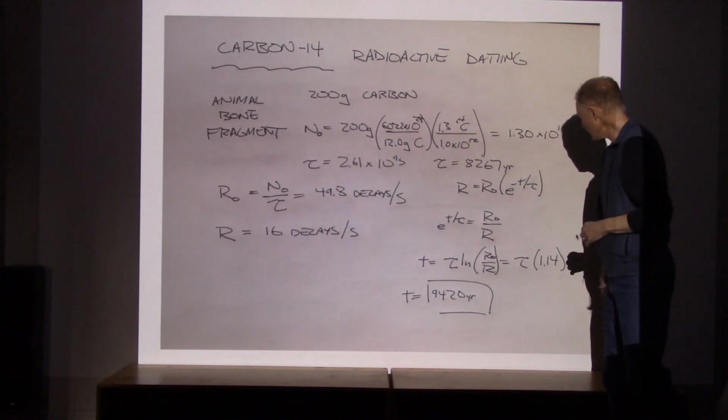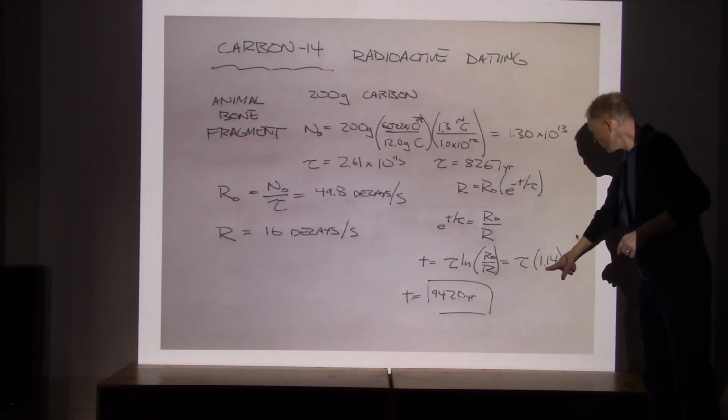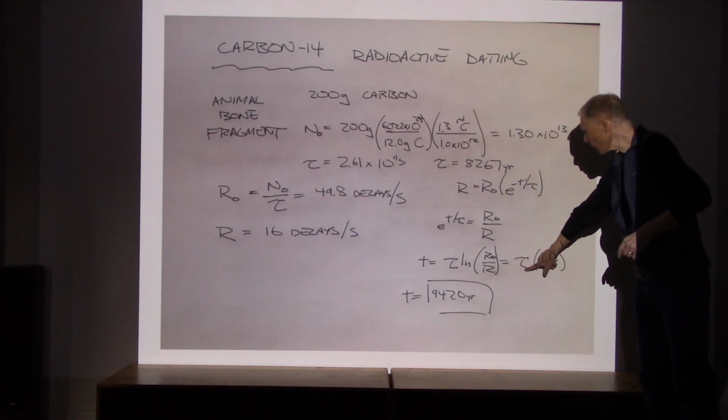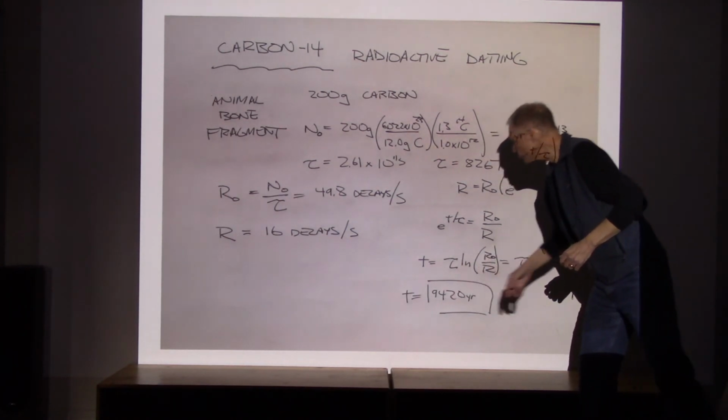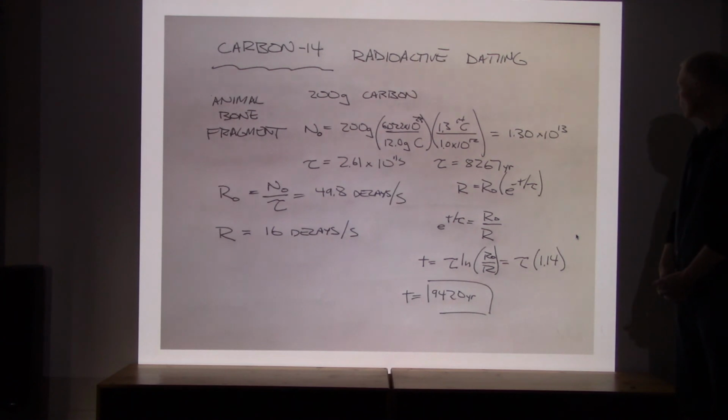I plug those in, and that says that 1.14 lifetimes have gone by. So that's the number of lifetimes, and that would correspond to 9,420 years of time since that animal stopped actively metabolizing.